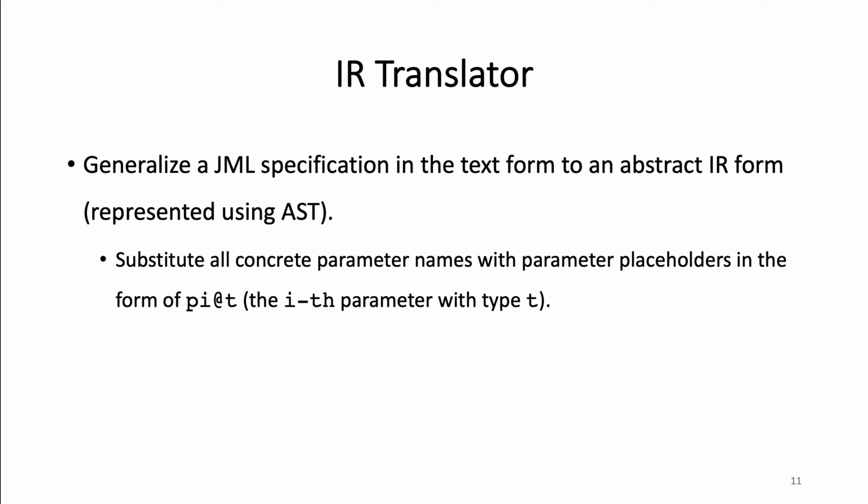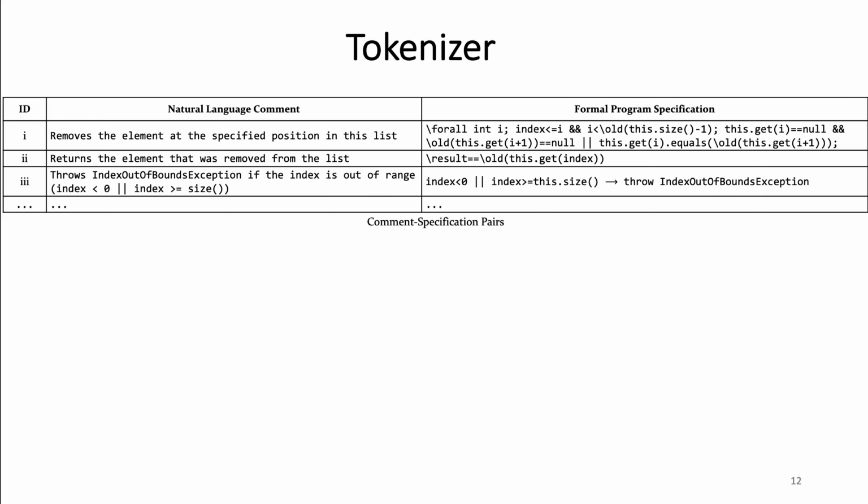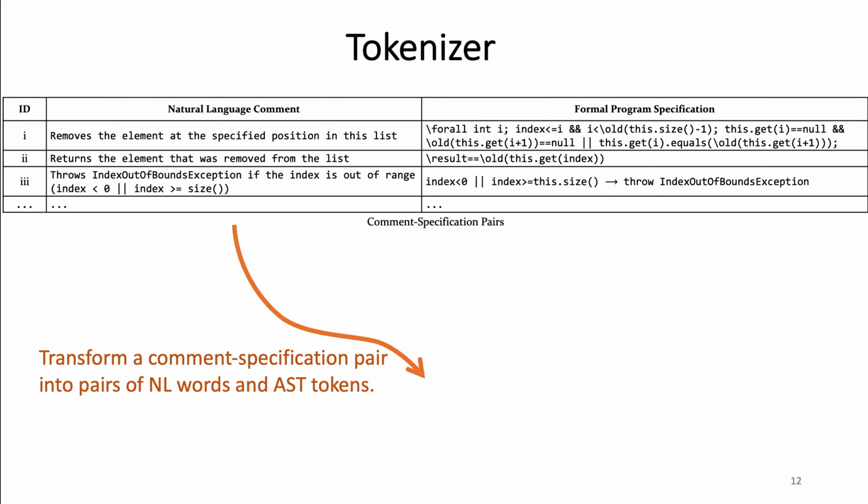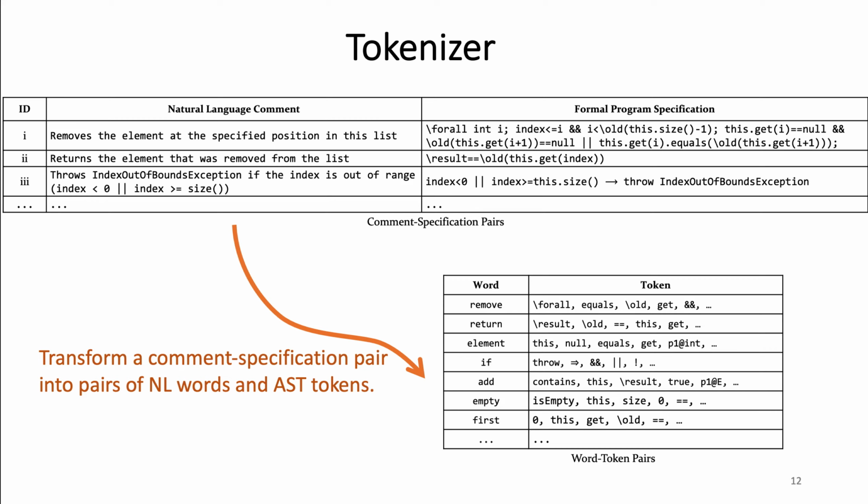The other benefit is to reduce the search space by decreasing the number of tokens used to construct specifications, since parameter names can be diverse. After we have the pairs of preprocessed comments and generalized specifications, we will use the tokenizer here to construct pairs of NL words and AST tokens.